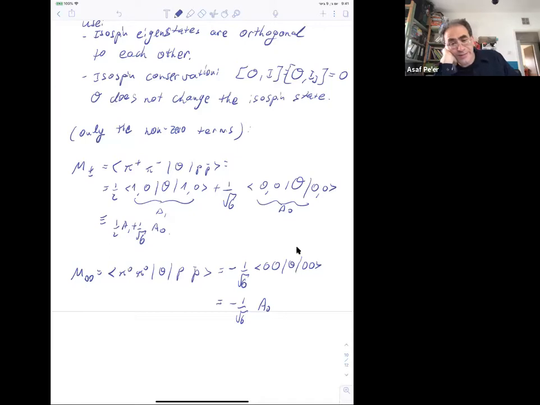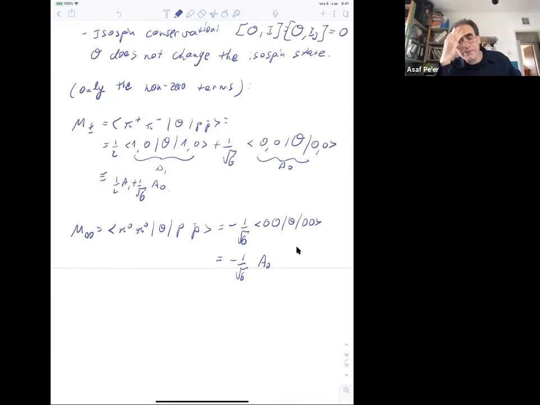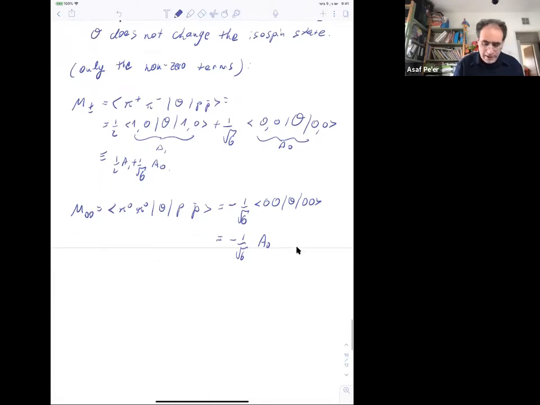So now the cross section is proportional to the square of the amplitude and the phase space. Since the mass of the pions is much smaller than the mass of the proton, the phase space is nearly the same. So I don't care about the phase spaces, and in any case, we look at the ratio.